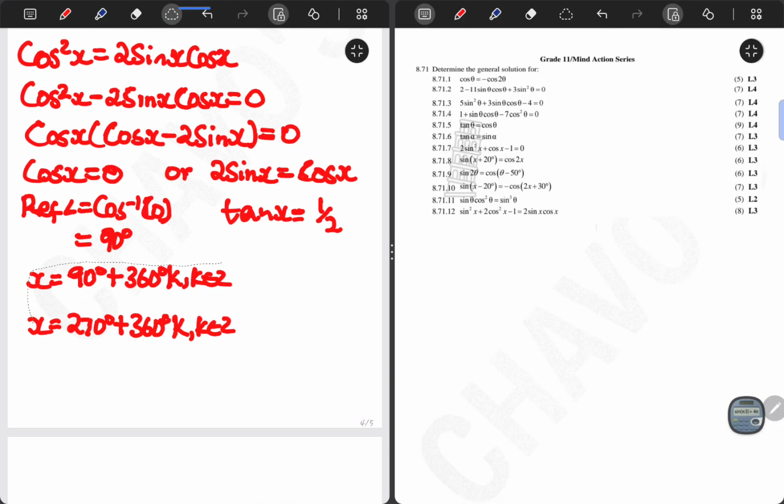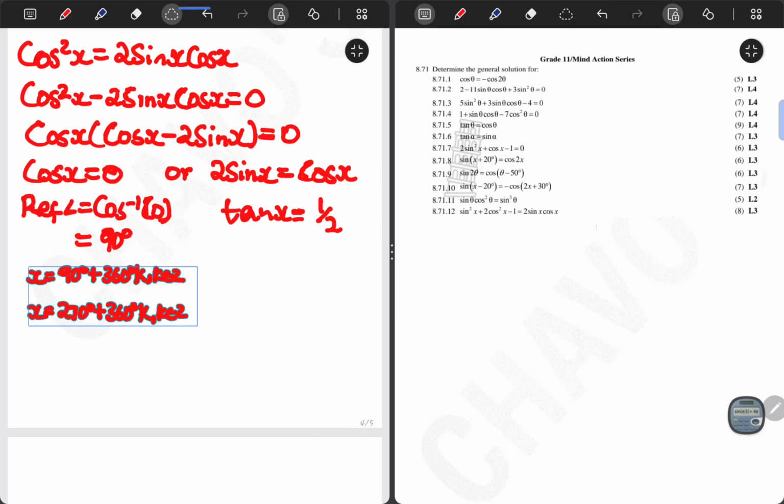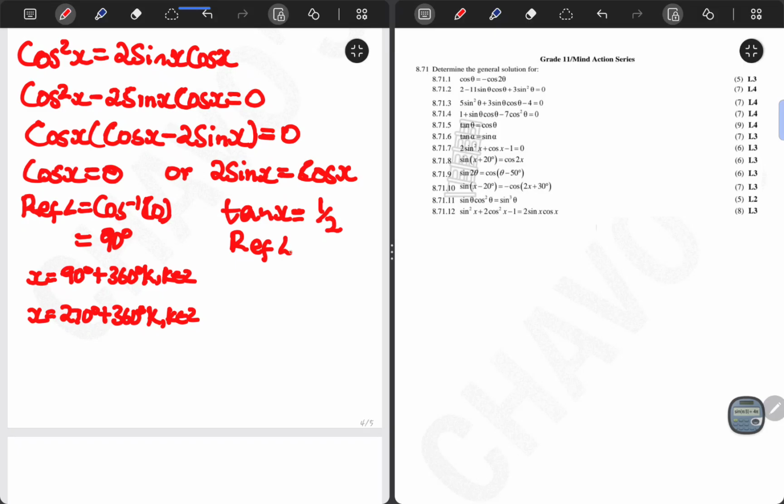What about tan? Tan, we're only going to talk about one quadrant where tan is positive, and the one quadrant we can talk about is quadrant number 1. So we're going to say reference angle, second function tan half.